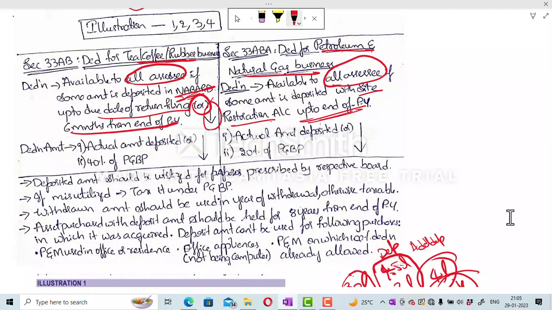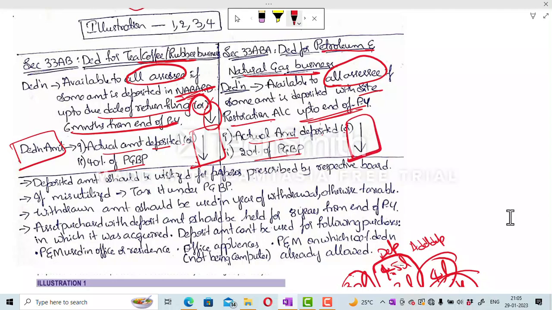Okay. Then what will be the deduction amount? How much will we get as deduction? Actual amount deposited, or 40% of PGBP, whichever is lower. Only the lowest of that will be the maximum, up to 40% of PGBP. In case of petroleum and natural gas, actual amount deposited or 20% of PGBP.